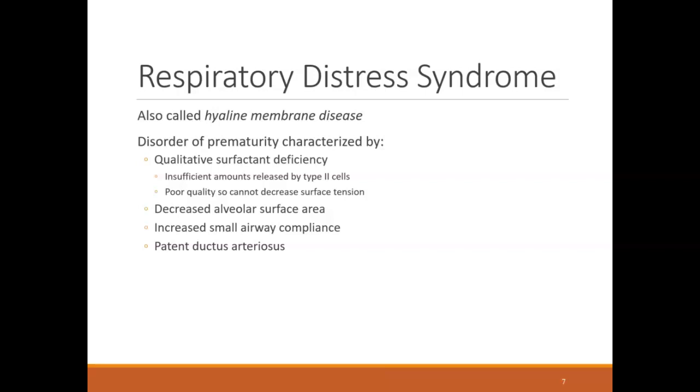That's going to cause a decrease in alveolar surface area, and it's going to impact their oxygenation. This also tends to lend itself to patients developing poor lung compliance and a patent ductus arteriosus as well.